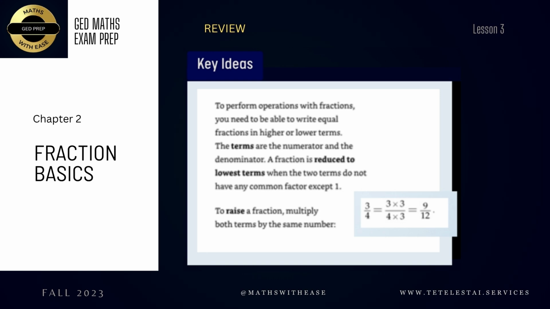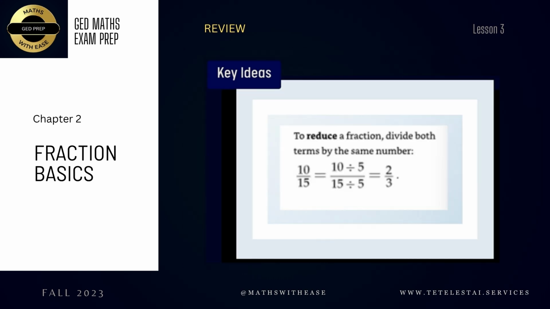And so that's why it's important to always raise the numerator by the same number as the denominator, so that your number, in the event that you need to return it to its original form, will always reflect the same number that you started with.